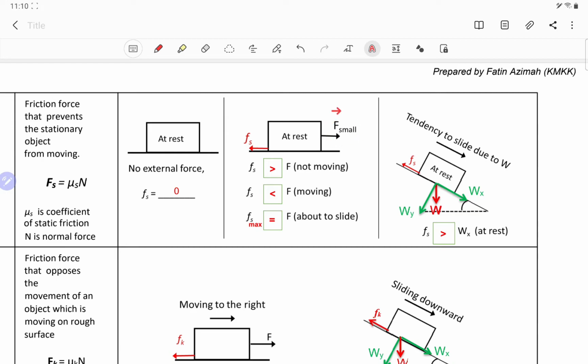If applied force lebih besar daripada static force, dia akan bergerak. And if the magnitude for both Fs dengan F ni dia adalah sama, so objek tu dia berada di antara tengah-tengah lah, dia hampir bergerak. Okay, so ini adalah nilai maksimum for the static friction. Once the applied force exceed this maximum static friction, dia akan bergerak.